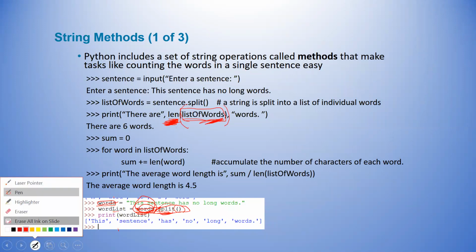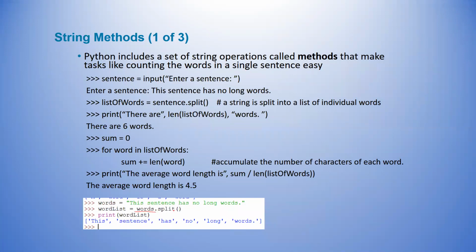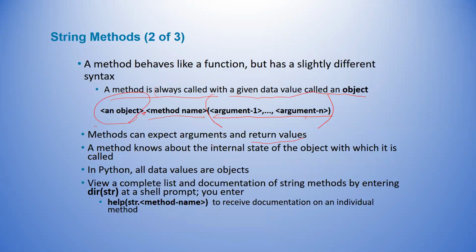This method will give you back a list, and you are assigning that list to this variable. So now when you print the list, that's the list it gives you, right? So it returns a value. That means it gives you back a value. That's what this means, okay?